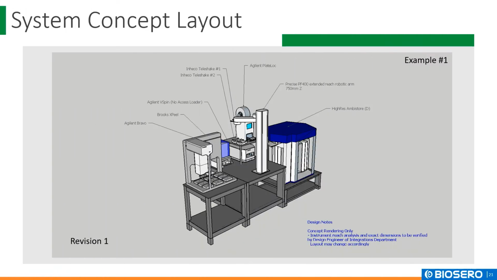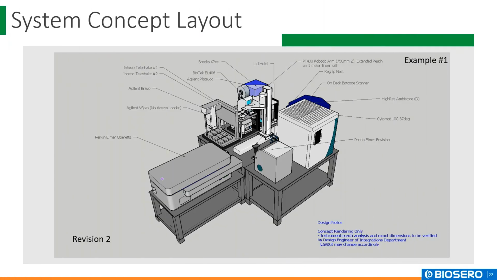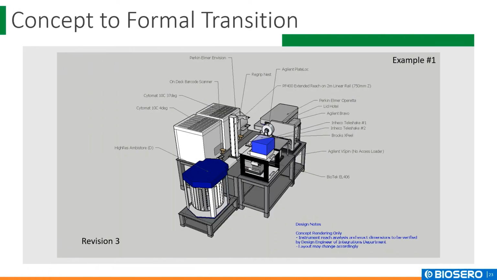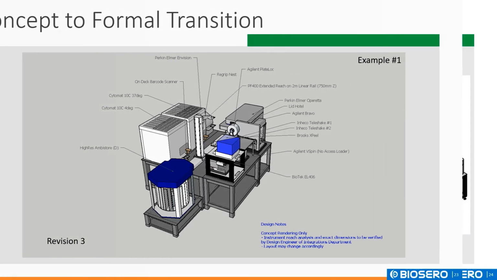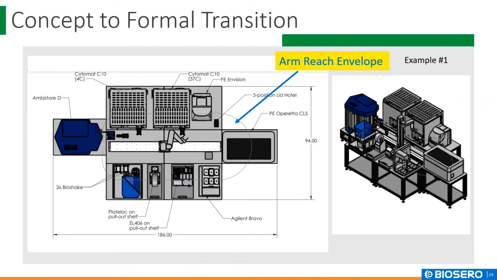This initial conceptual design is produced collaboratively with the customer and is usually finalized after a couple of revisions through feedback. Upon approval of the concept design, a render is then generated by the design engineer of the integrations team. The design engineer will have precise models of all the instrumentation on the system and will be able to double check that all plate nests will be reachable by the automation and robotics.